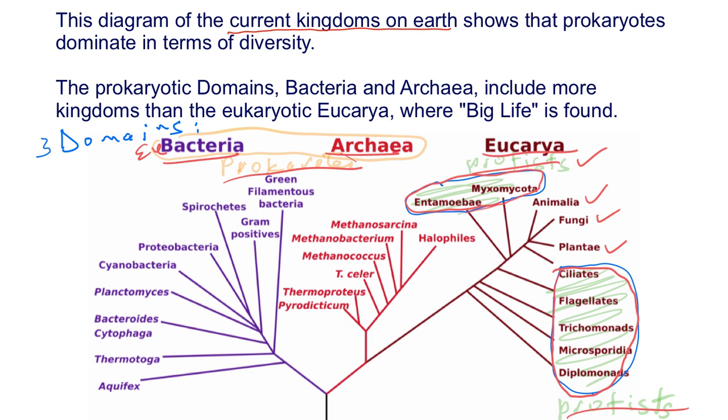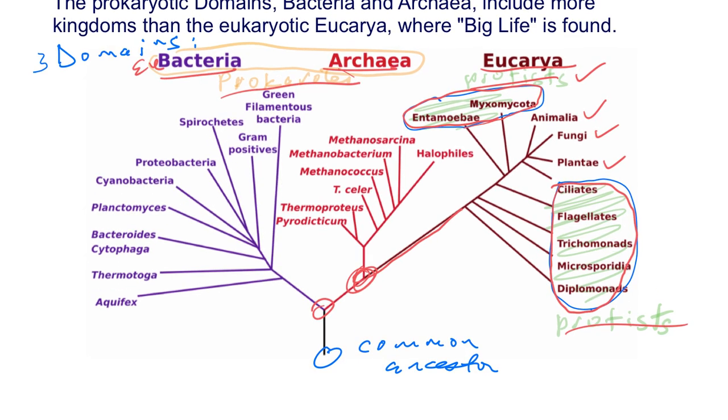Now, who are we more related to, the Archaea or the bacteria? So all the red ones are the Archaea. There's a common ancestor of Archaea and all the eukaryotes. So we're more related to the Archaea than the Eubacteria. Here's the common ancestor to all living things. Well, actually, that's where the common ancestor evolved into bacteria and Archaea.